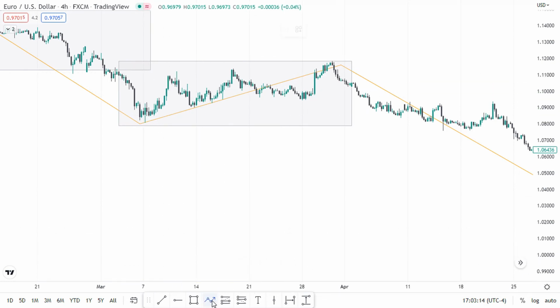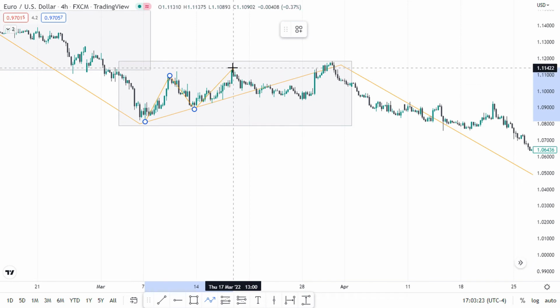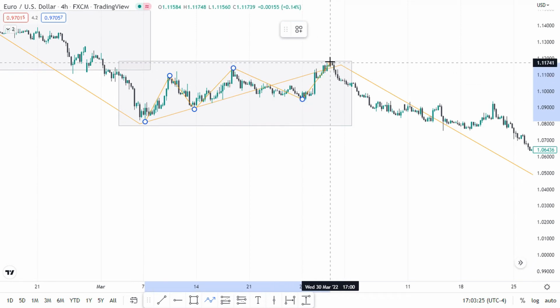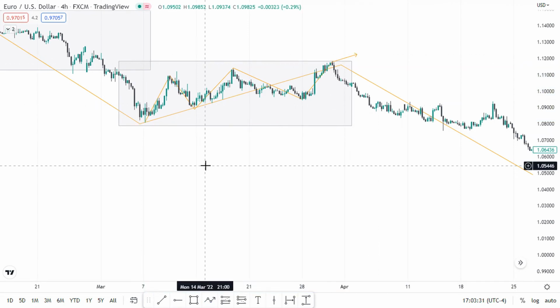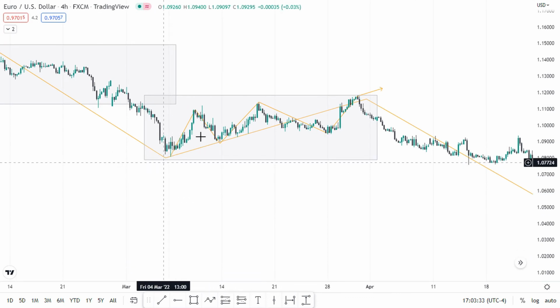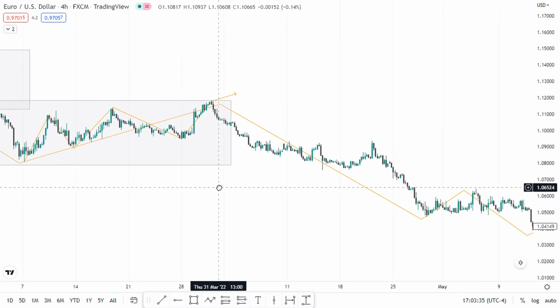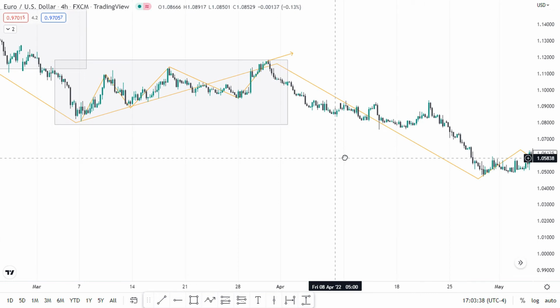So this was a lower low, then a higher low, higher high, higher low, higher high, higher low, and then a higher high. So what you have on the daily time frame was an overall downtrend, but on the 4-hour time frame, it was looking like an uptrend.